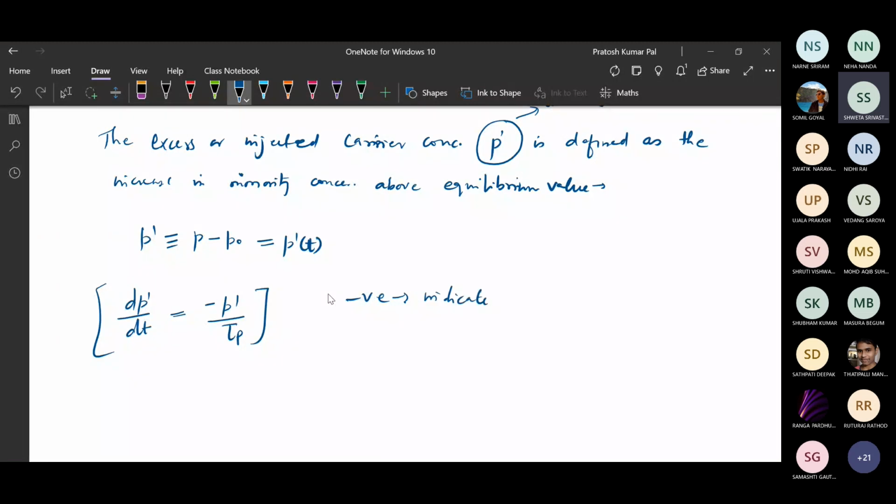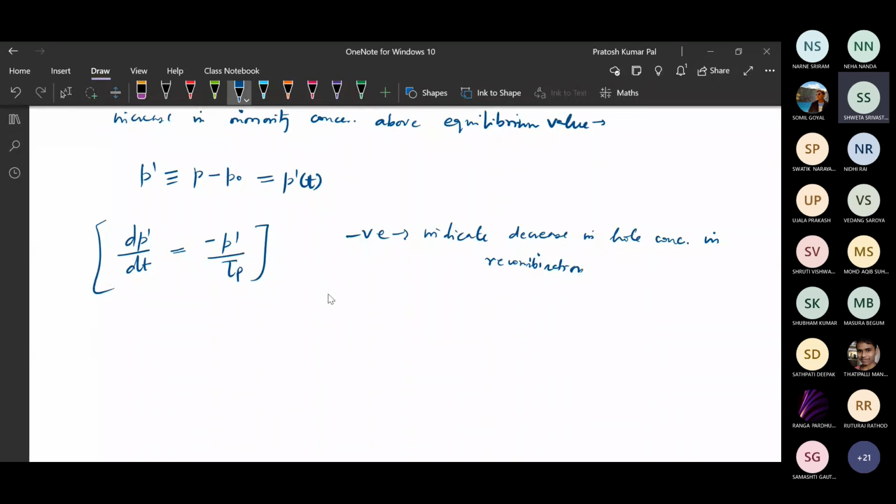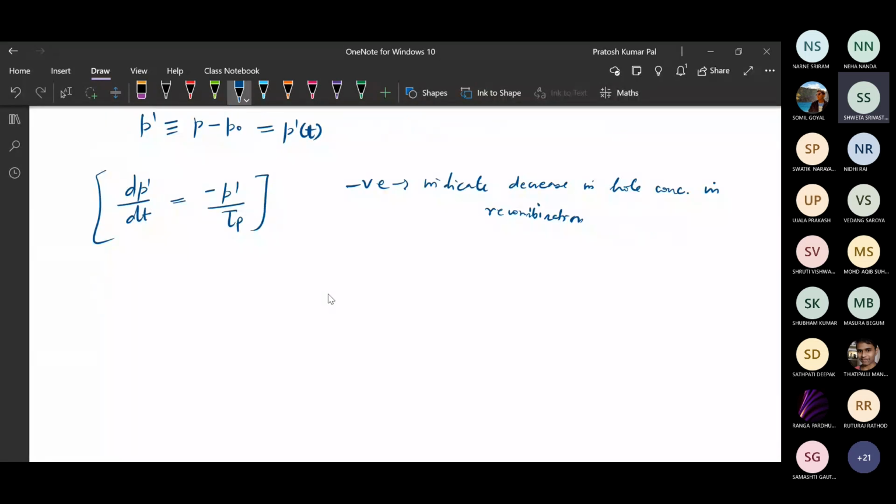Negative indicates decrease in hole concentration in recombination. In generation, this value will be positive.